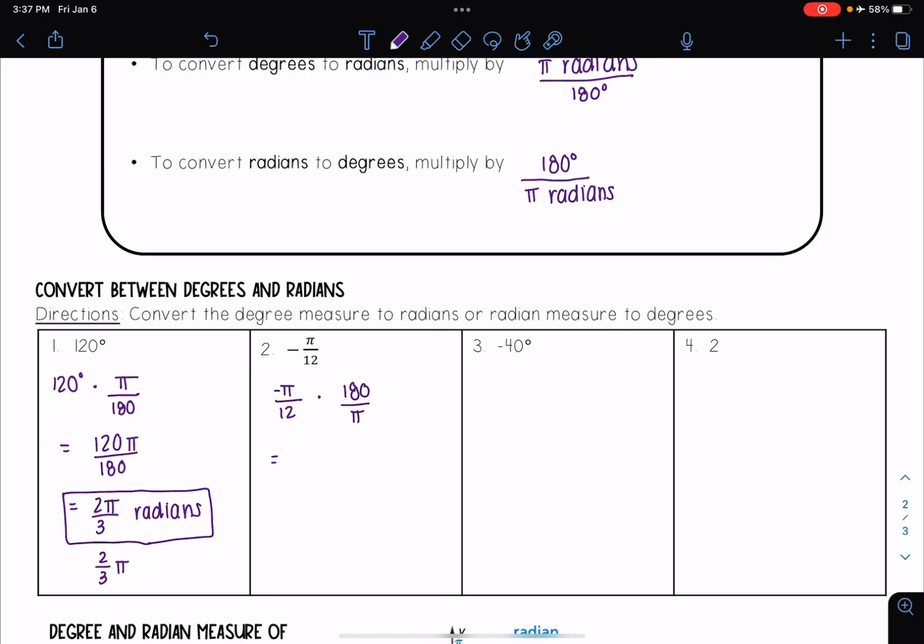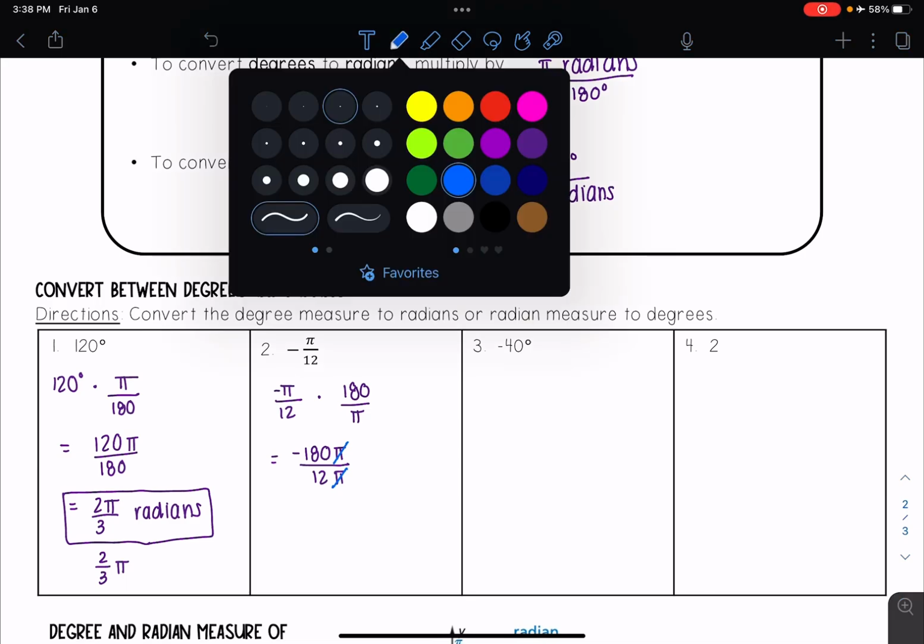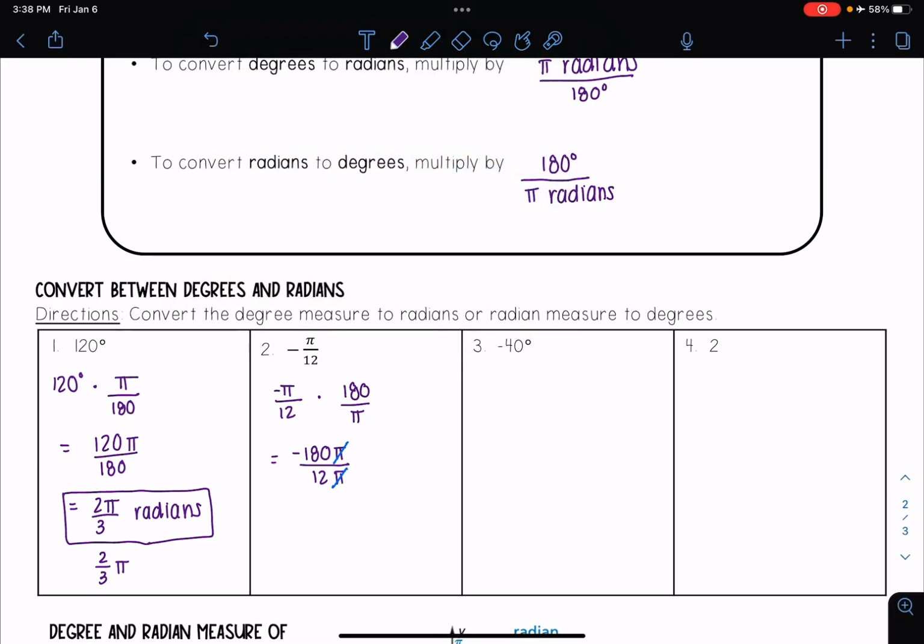Multiplying across, negative pi times 180, I get negative 180 pi over 12 times pi, which is 12 pi. Then I need to simplify this. I see that I have a pi on top and bottom, so my pi's cancel out. So I have negative 180 over 12. Simplifying that, negative 180 divided by 12, I get negative 15 degrees.